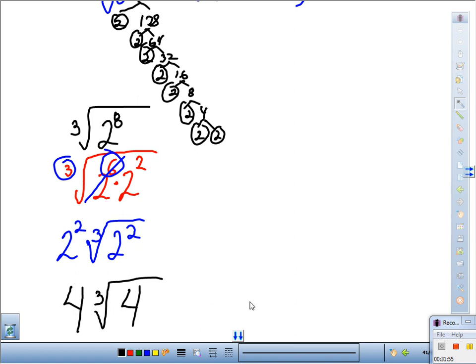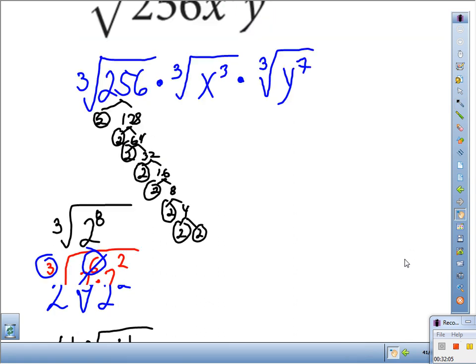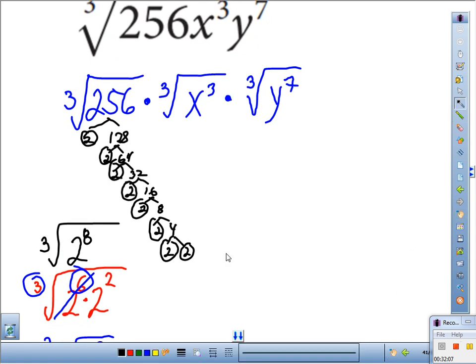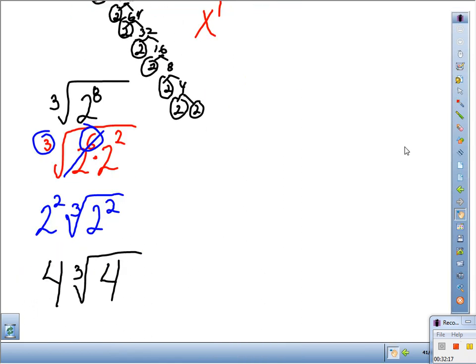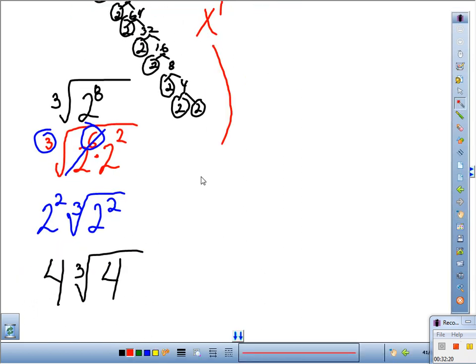Let's go back up and let's go to the next one. Let's see. I'm going to switch to red. Can we divide 3 by 3? Yeah, so that leaves us with x to the first. So we're done, and we bring that one down. Bring it down and put that times x to the first.